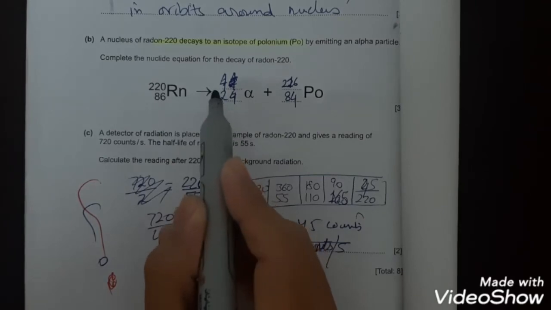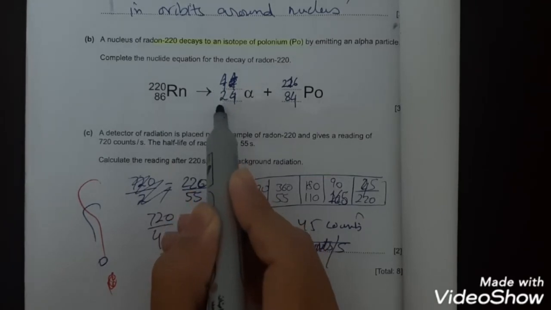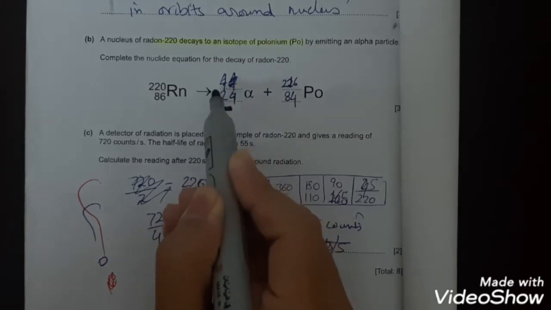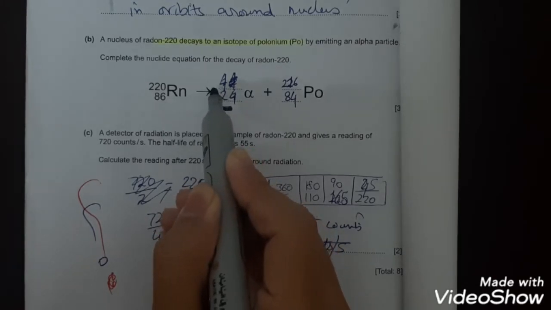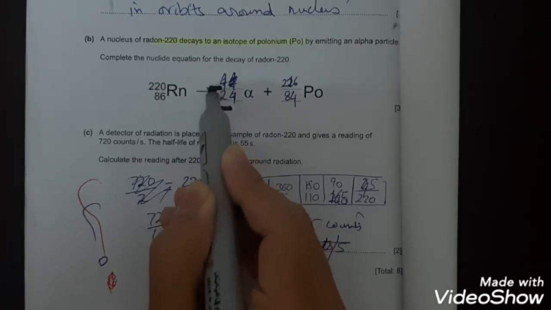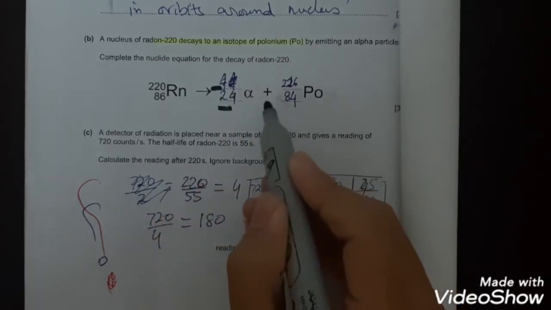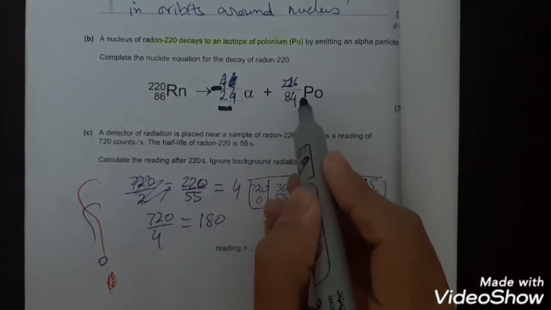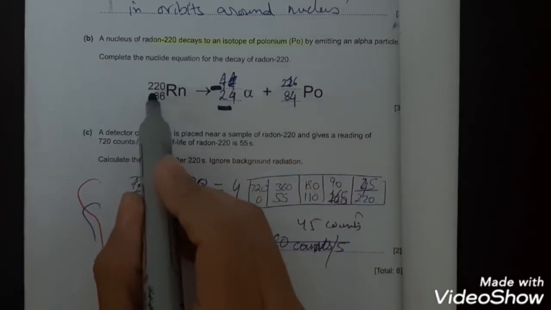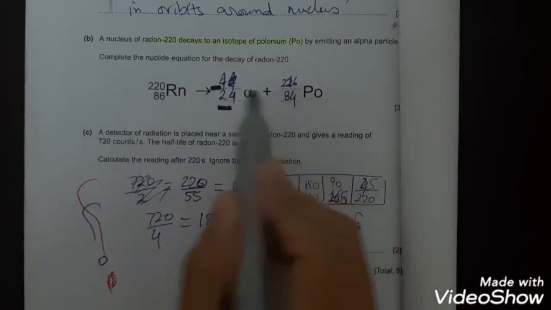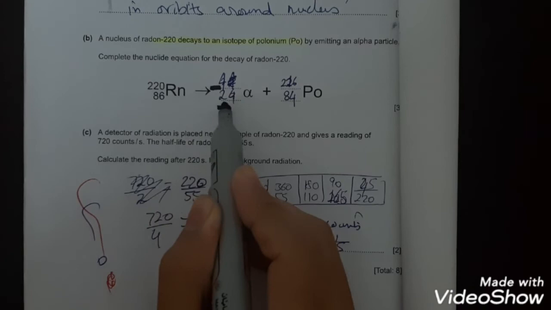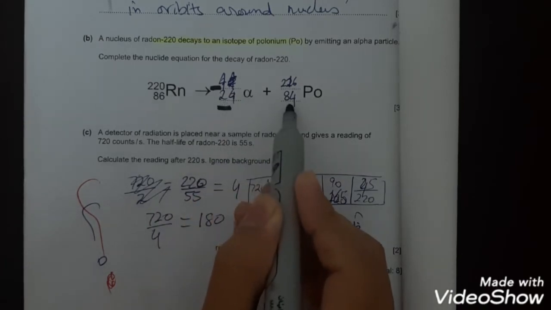So over here we will write 2, and the total number of neutrons and protons is 4. So you write 4 and 2, plus polonium, which is 220 minus 4, which will be 216, and 86 minus 2, which will be 84.